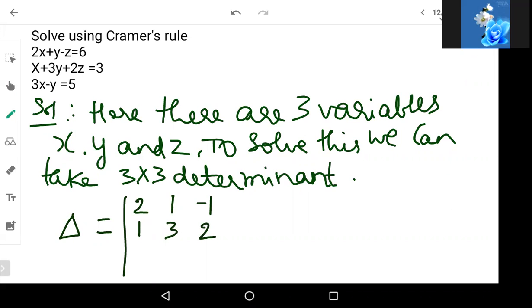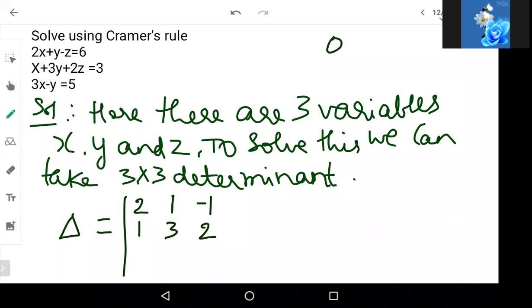Okay. Now going to the last equation, there is only 3x and minus y, but there is no z. So since there is no z, we are going to consider the coefficient of z as 0. Why do we consider the coefficient of z as 0?